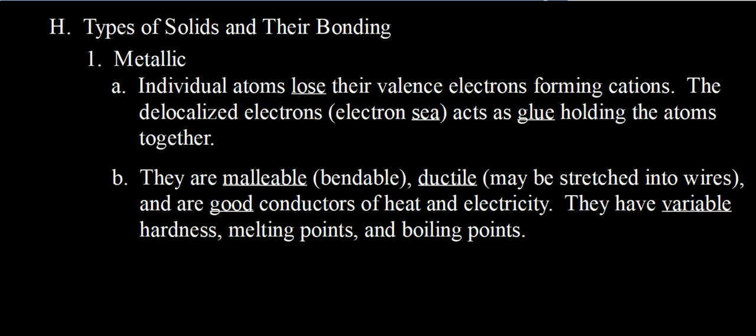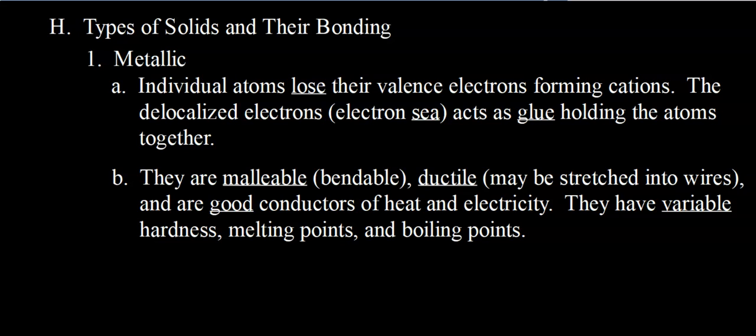They also have variable hardness, melting points, and boiling points. I mean, think about that. Metallic bonds are relatively strong, but their strengths do vary tremendously. Now think about melting point. Some metals have extremely high melting points. Others have pretty low melting points. For example, iron has a melting point of about 1500 degrees Celsius, which is pretty high.